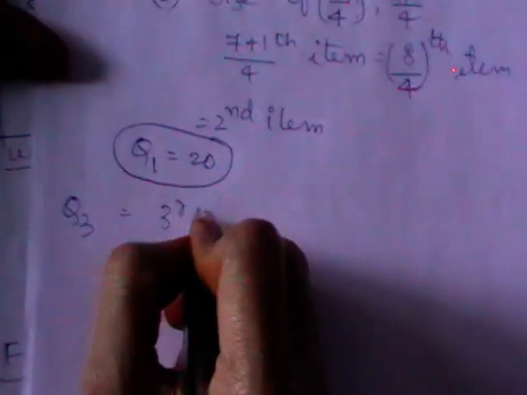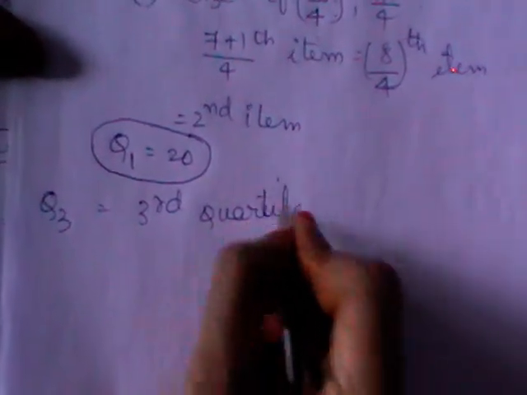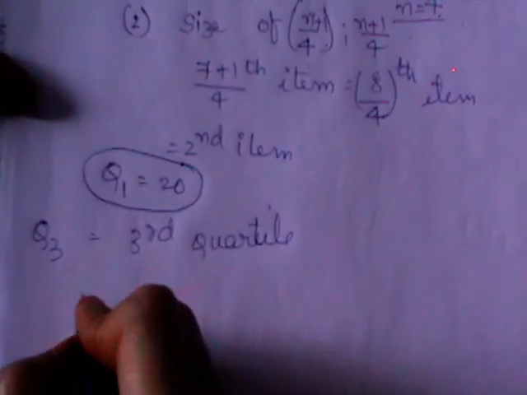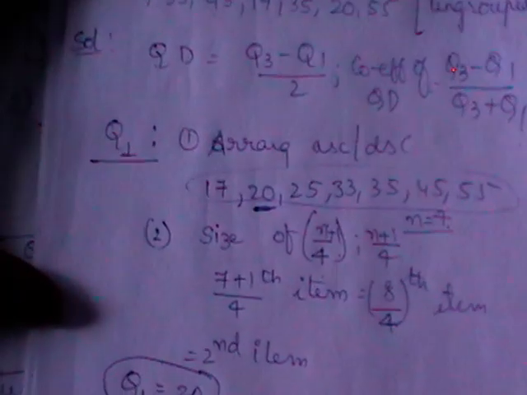Okay, now let us calculate Q3. Q3 is nothing but the third quartile. What are quartiles? They are the values which divide the data into four equal parts. There also you should arrange in ascending or descending order.